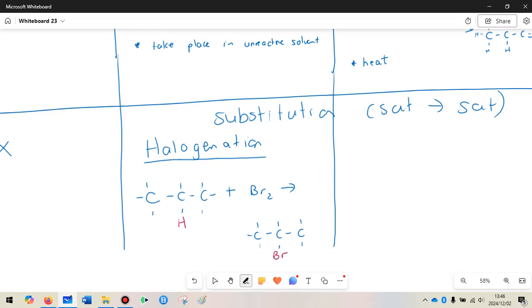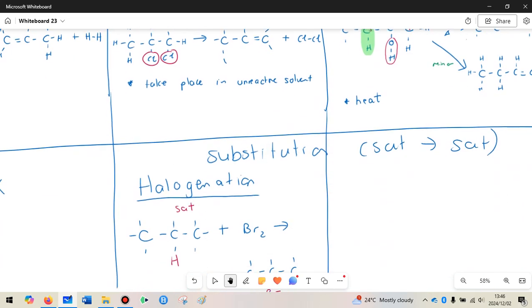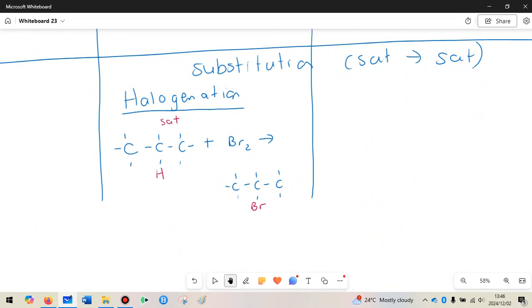Okay, so two big differences. First of all, you're starting with a saturated molecule instead of an unsaturated molecule. Secondly, you only kick out one of the hydrogens and you add in one of the halogens. If you look at addition halogenation, you'll notice that both halogens were added into the final product, whereas only one is added in here. Okay, and again, it's added into the carbon that had the least number of hydrogens bonded to it to begin with.